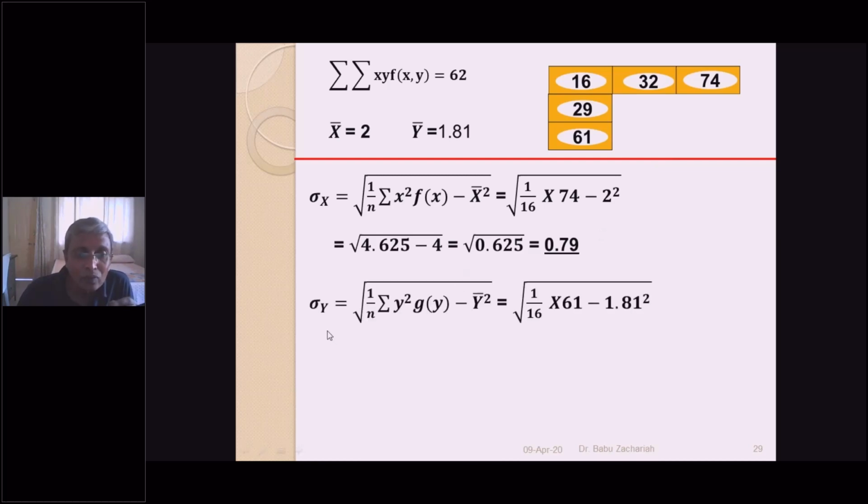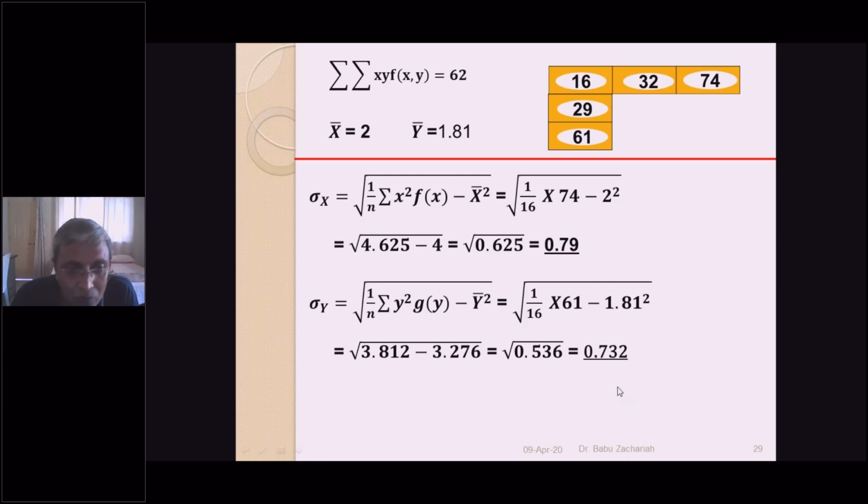Sigma y is this one, square root of 1 by n sigma y square g of y. So 1 by 16 into y square g of y, that is 61, that is there. And y bar is this one, 1.81 square. So that works out to be 0.732.